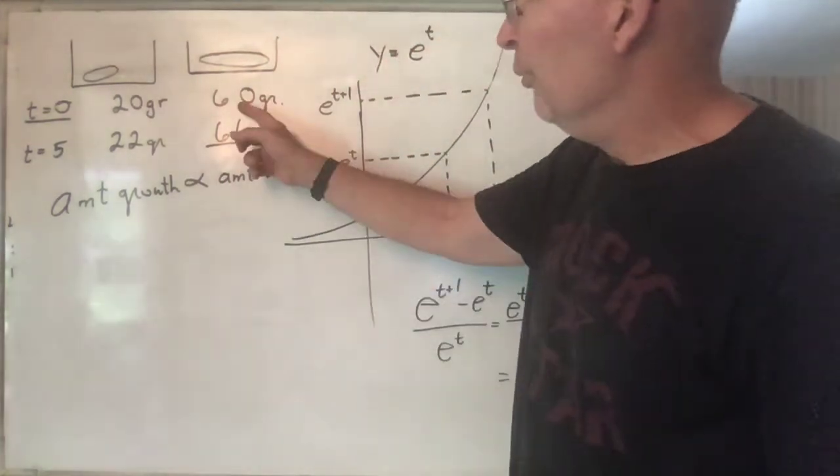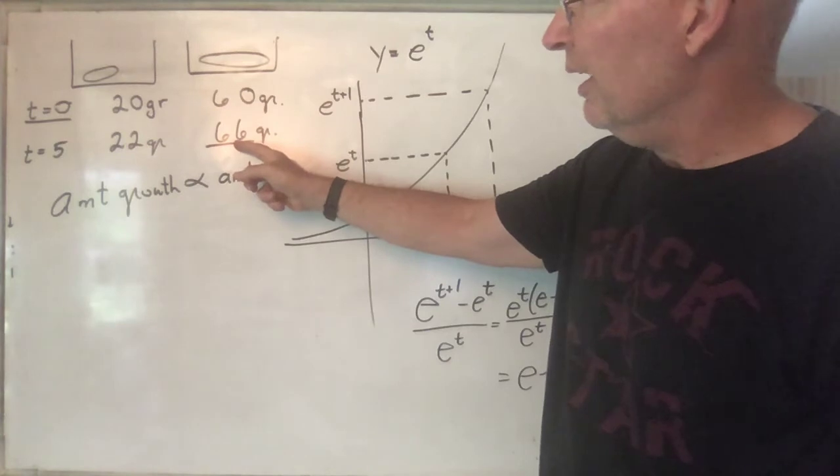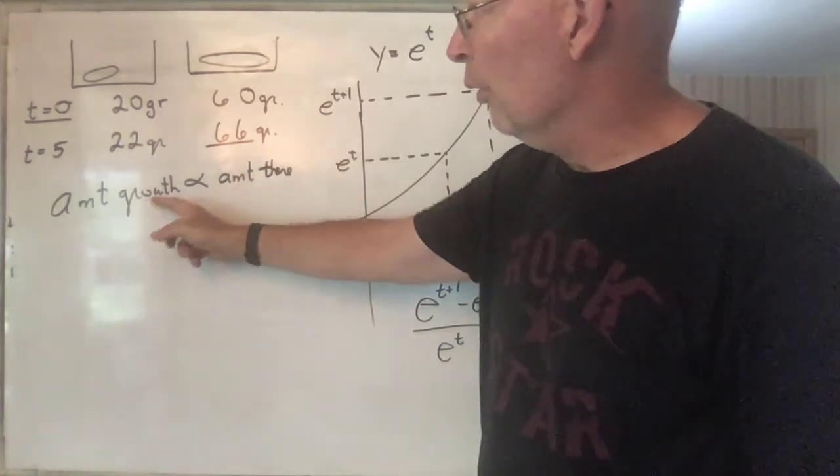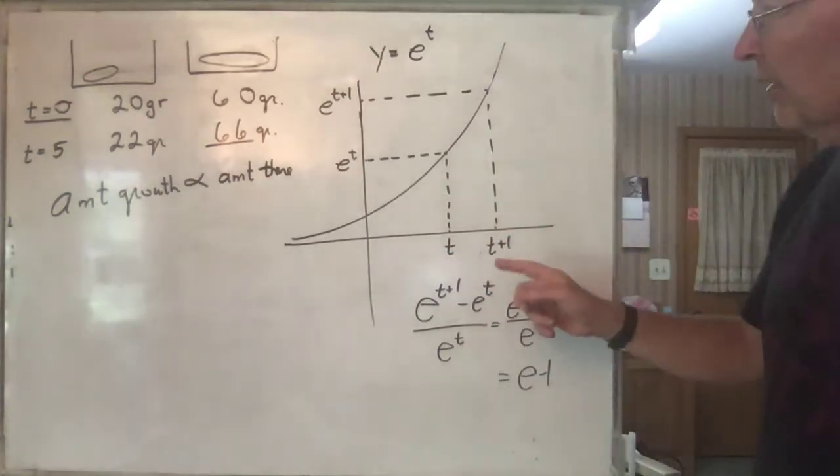Okay? You had 3 times as much there, and so you've got 3 times as much change. See that? And so if the amount of growth is proportional to the amount there, that's when you have exponential growth. Let me explain it to you.